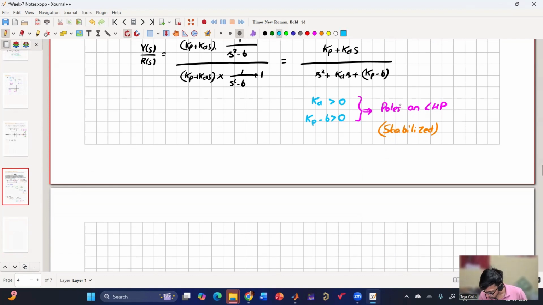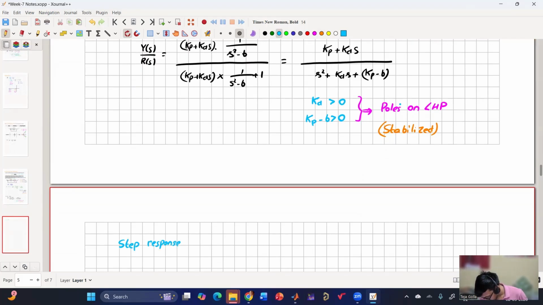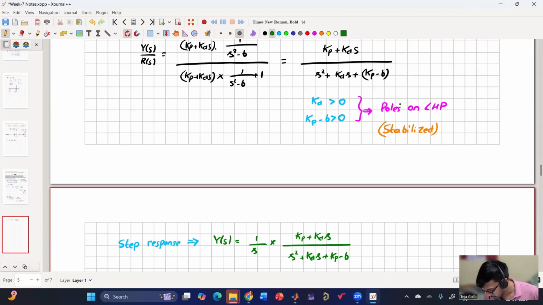So for step response, Y of s is R of s into this. So R of s is 1 by s and this is Kp plus Kd into s by s square plus Kd s plus Kp minus b.